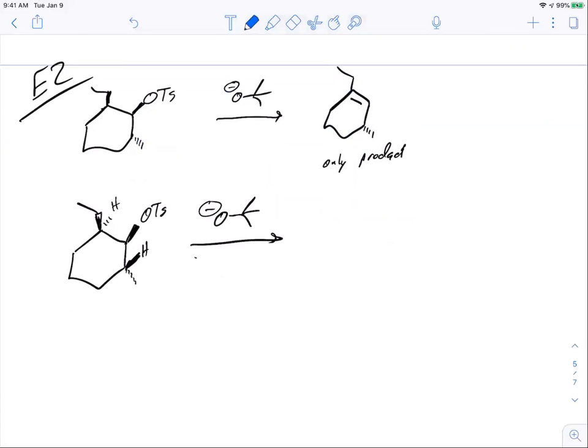But one of the things to notice about E2 type bases is they're usually bulky. Why would they be bulky? Well, what would a bulky base do? It would make a poor SN2 nucleophile.